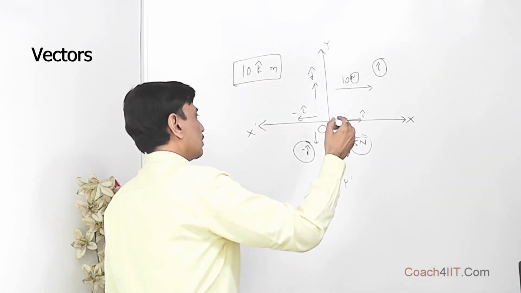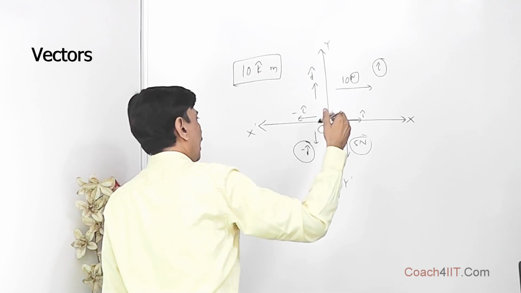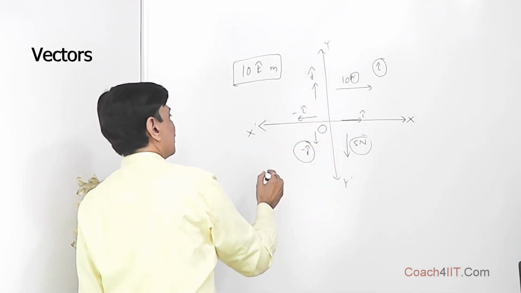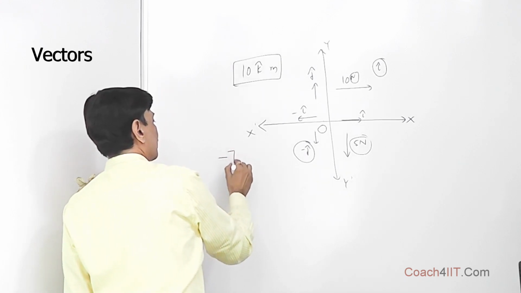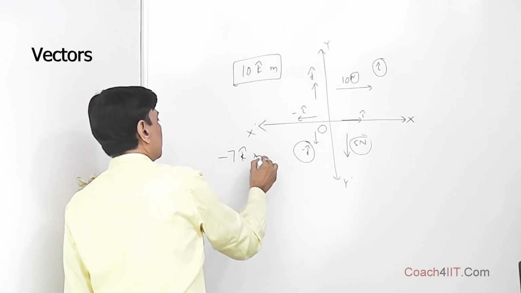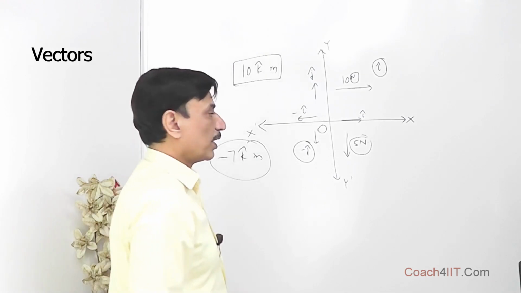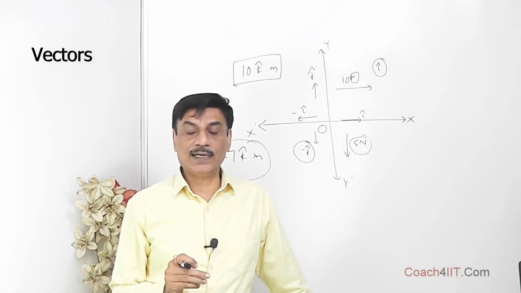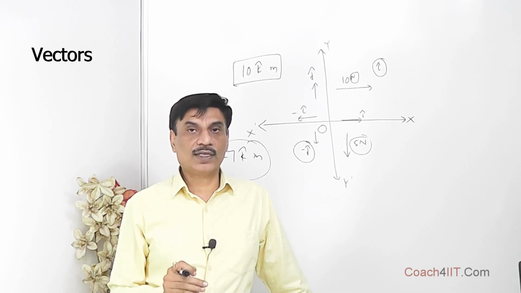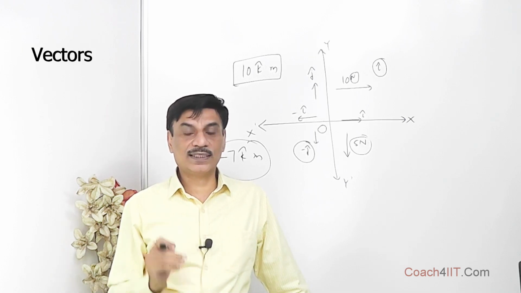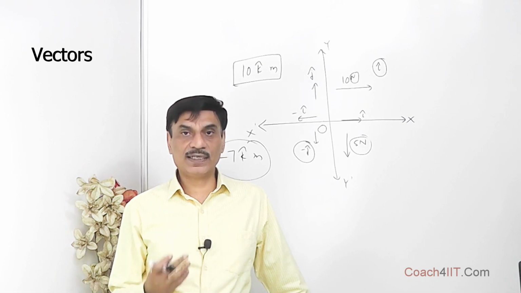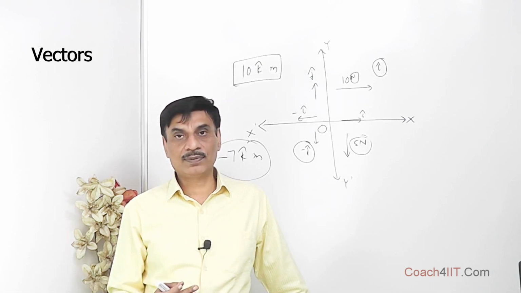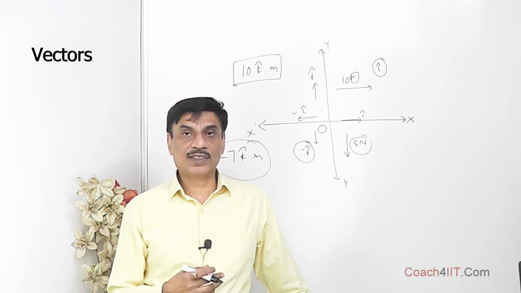And if a bullet goes like this, piercing through this board and goes 7 meter below this surface, we'll say its displacement is minus 7 k cap meter. So we can understand that i cap, j cap and k cap are the unit vectors along the x-axis, y-axis and z-axis. Similarly, we have minus i cap, minus j cap and minus k cap along the negative x-axis, y-axis and z-axis.